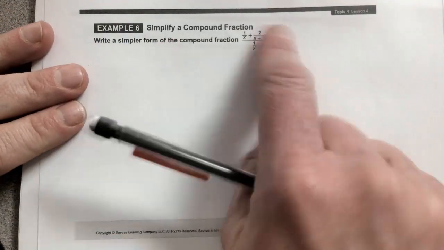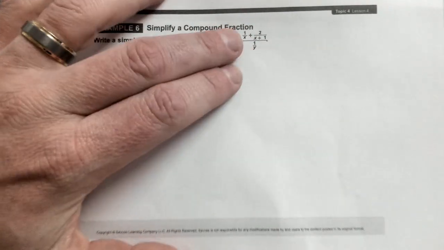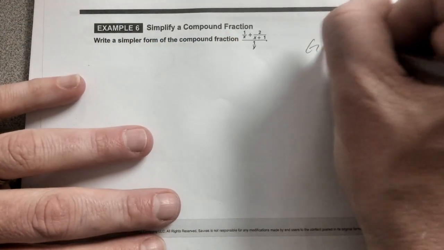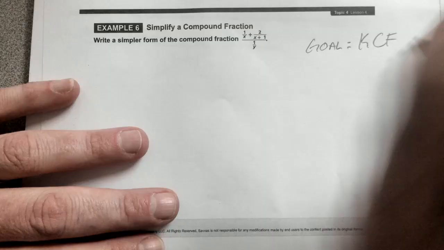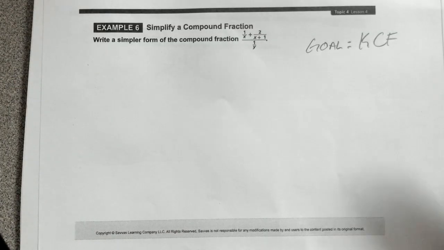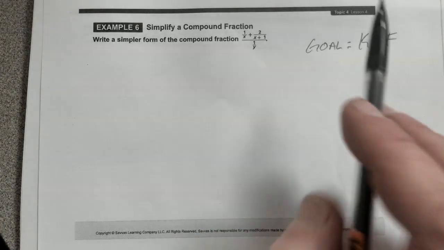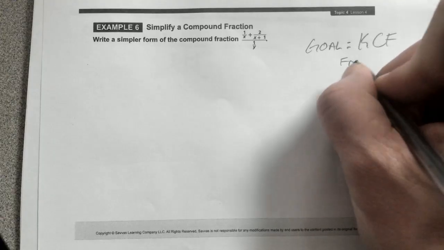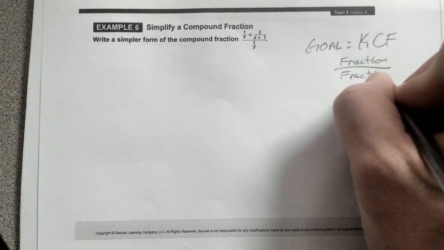Here we go. How do we handle these compound fractions? So, when it comes to compound fractions, our goal is to get ourselves into a keep, change, flip situation. That can only happen whenever I have a fraction over a fraction.